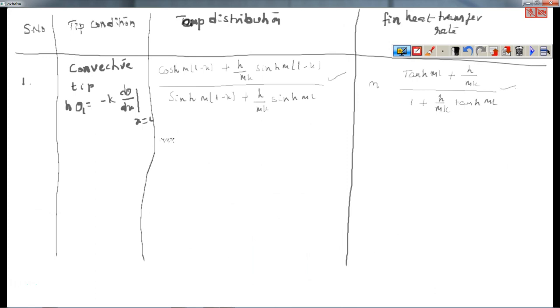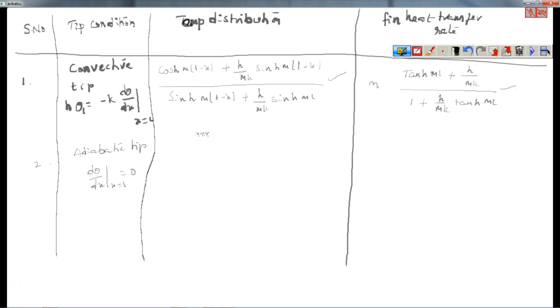Okay, and then I'll go to the second case, adiabatic tip. What we have derived? Adiabatic fin tip, that is d theta by dx at x is equal to L is equal to 0.